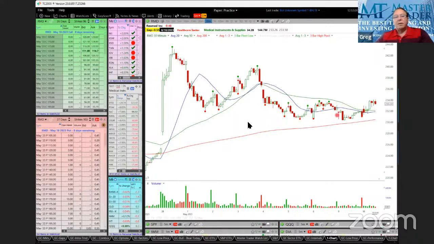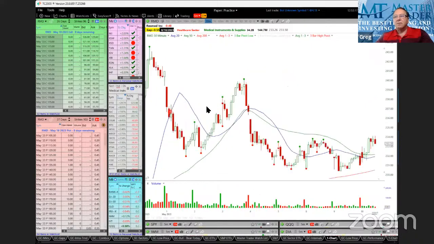I just arbitrarily picked a 30-minute chart because I knew this was multiple days ago, and I had to go far enough back to be able to see that and show it to you. So this looks like it's getting ready, but we've got to see where it ends the day. Can it trade up here?